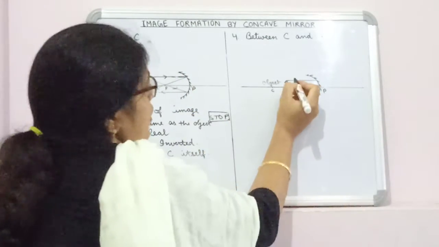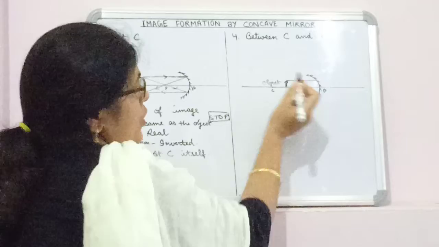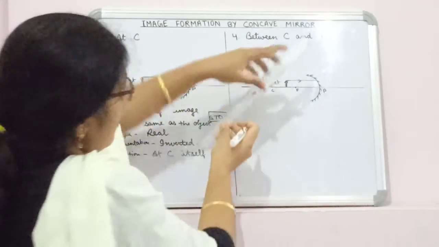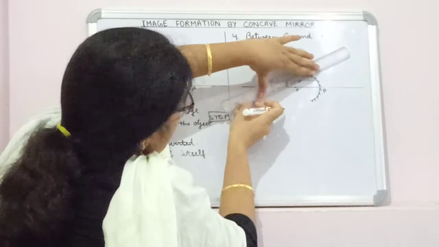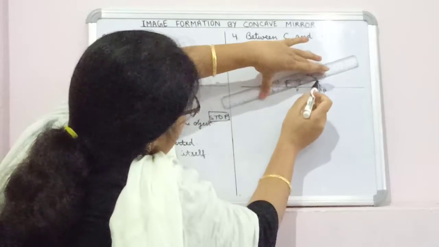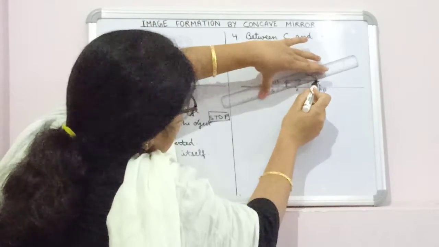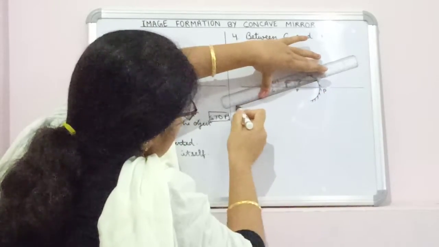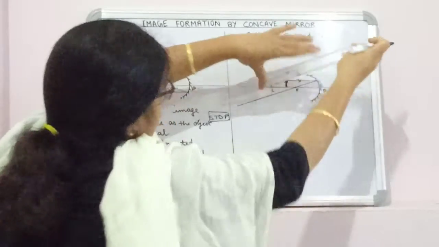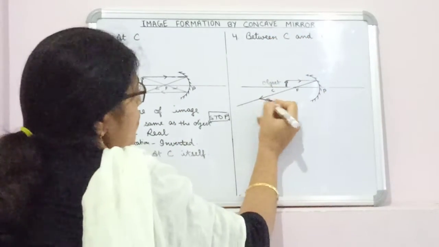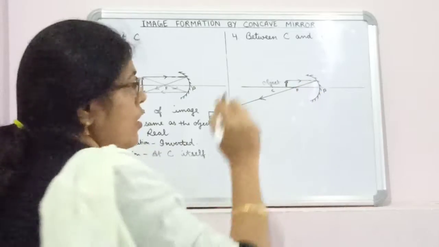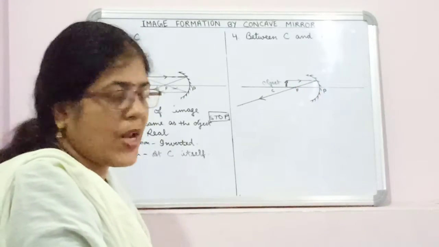This is the incident ray parallel to the principal axis, and after reflection it will pass through the focus, like this. So the first special ray we have applied.